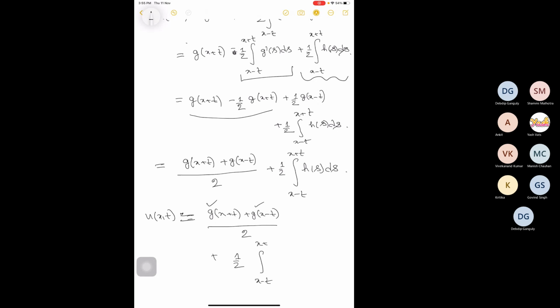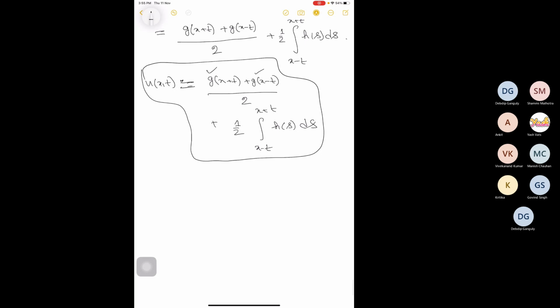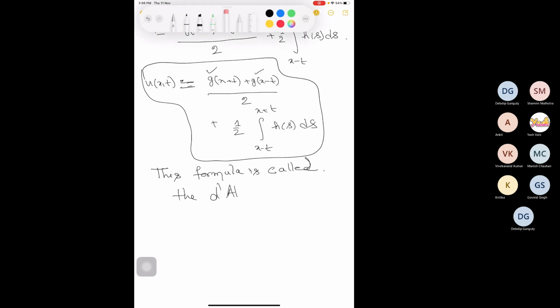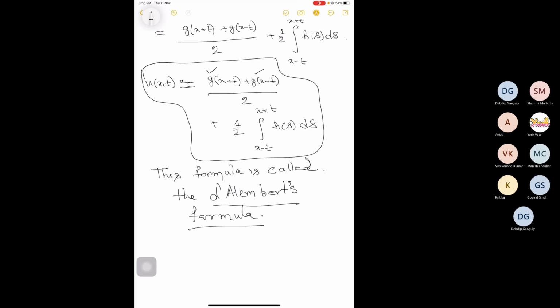So this is the solution. Okay, and this famous formula is called the D'Alembert's formula.